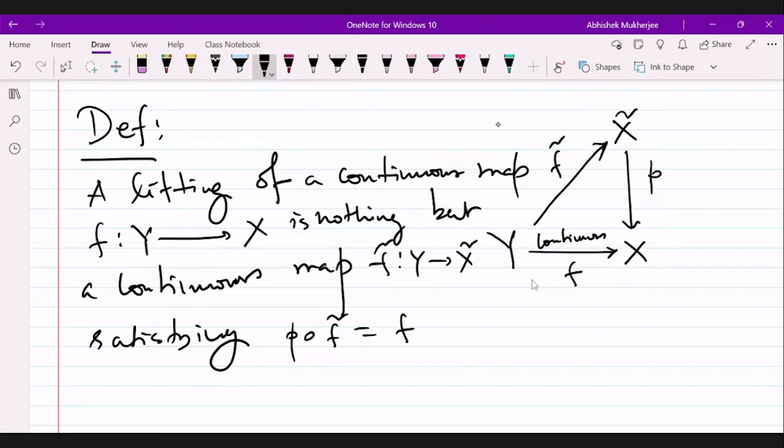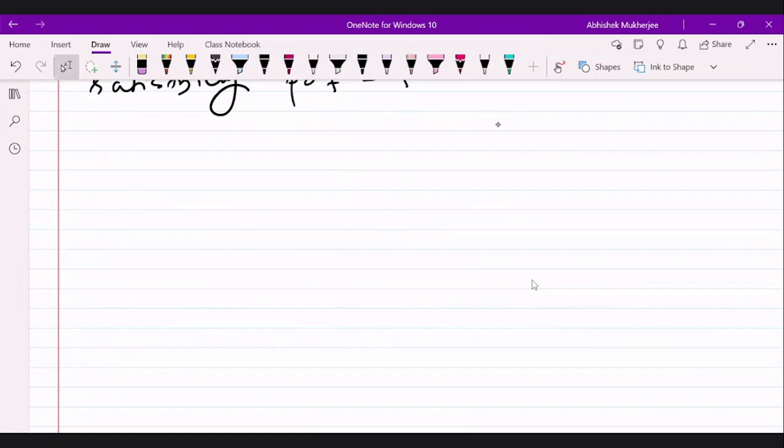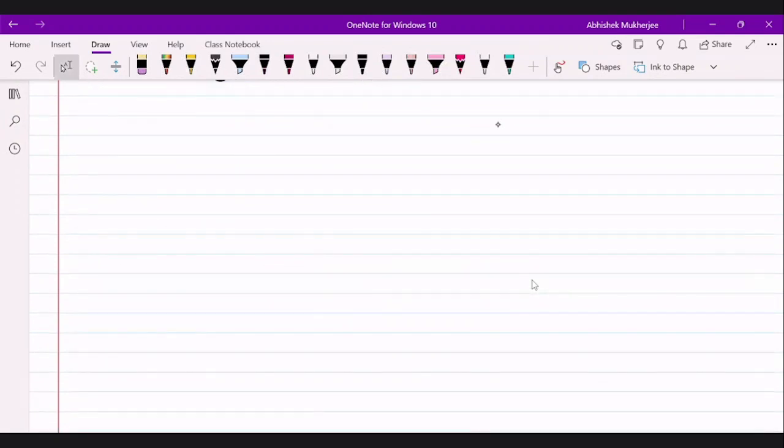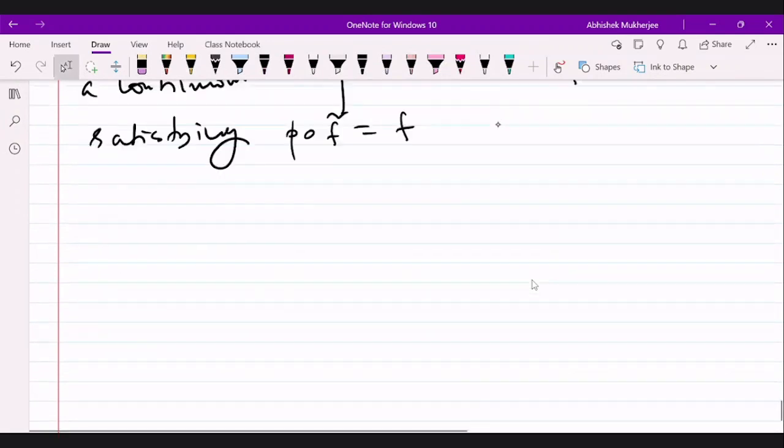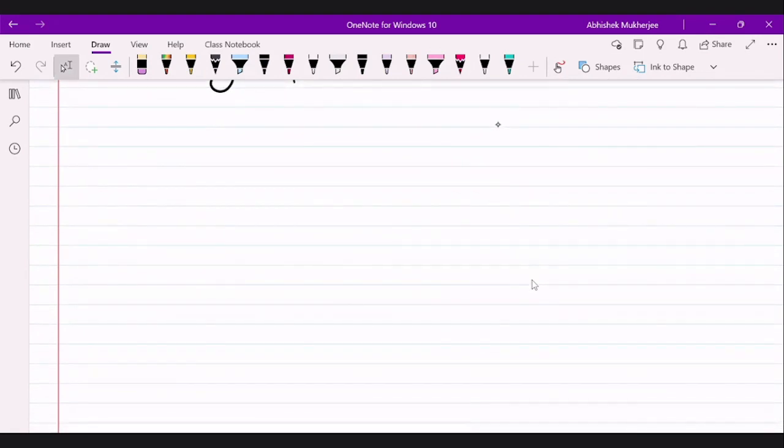So what will be the picture? To get the flavor, I need to draw the picture here.